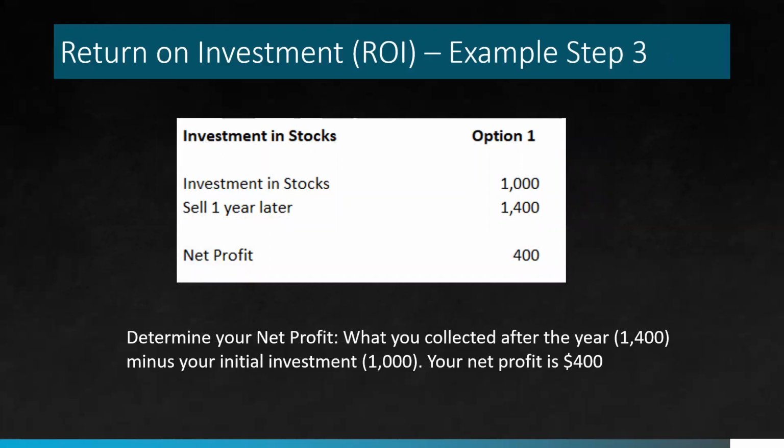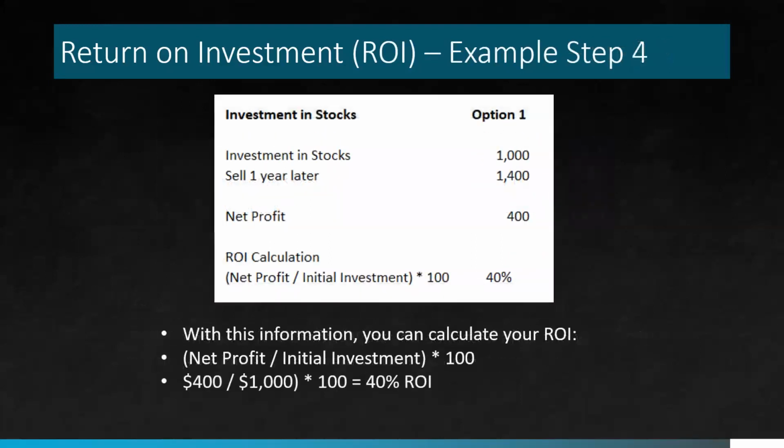So your net profit, again, is $400. So I'm going to take that net profit of $400, divide that by the initial investment of $1,000, multiply that by 100 to get a percentage. And this shows me that I have an ROI of 40%, which is really good.